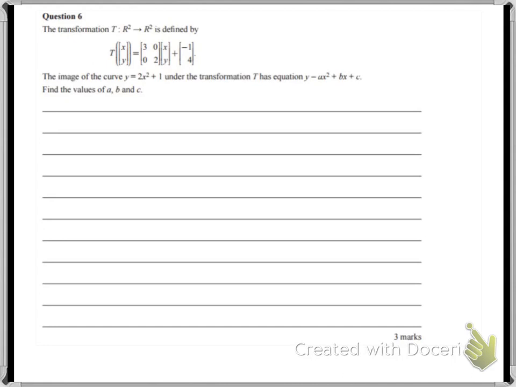Can you tell me what parameters A, B, and C are to apply this transformation equation to this original curve, y equals 2x squared plus 1? What is the image? What are parameters A, B, and C?